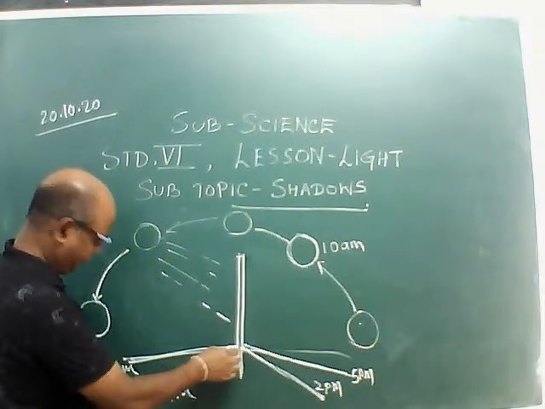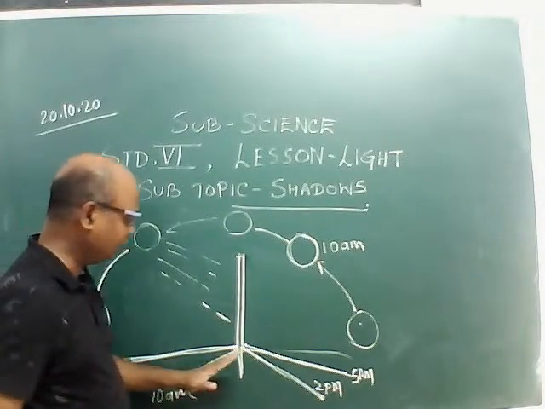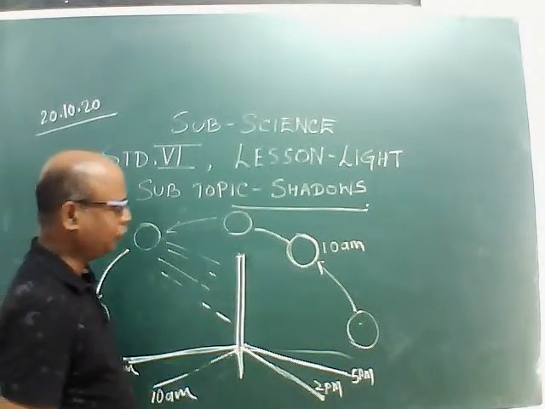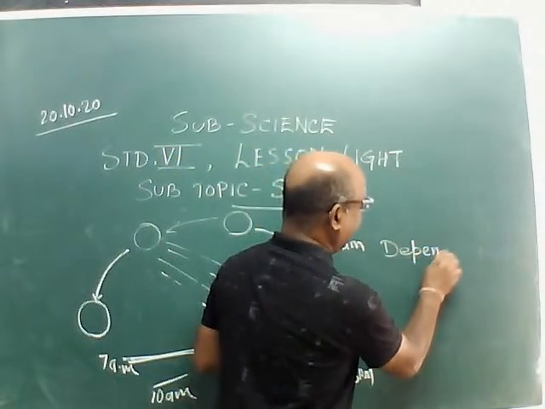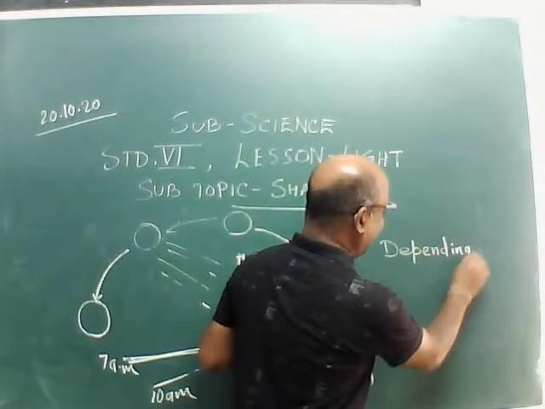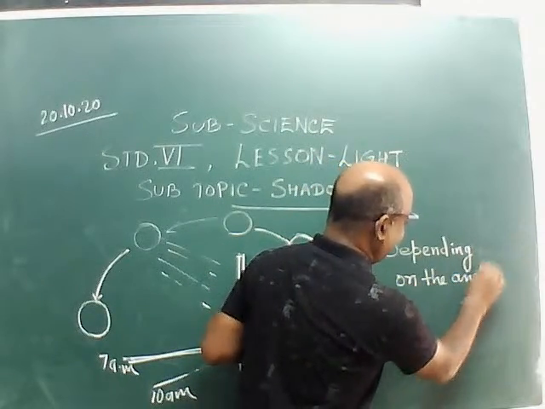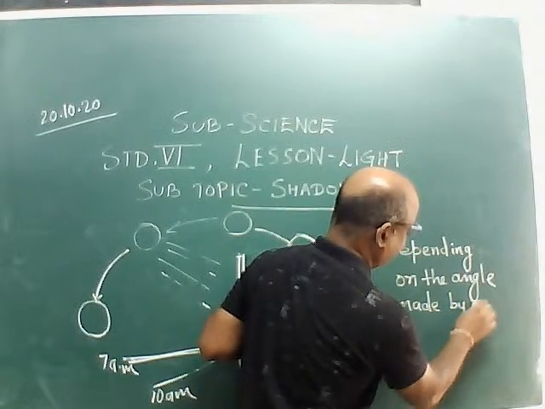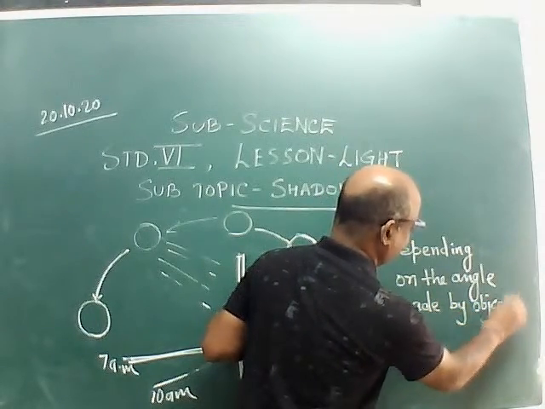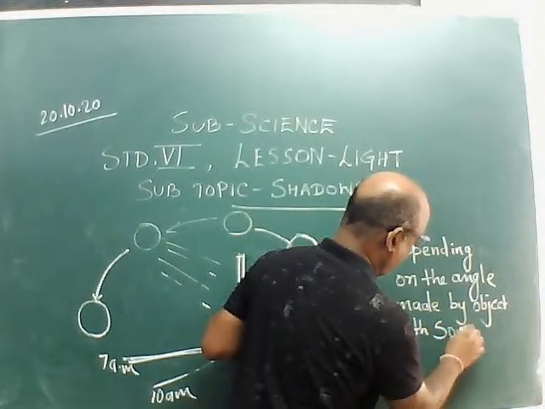The length of the shadow depends on the angle made by the object with the source of light.